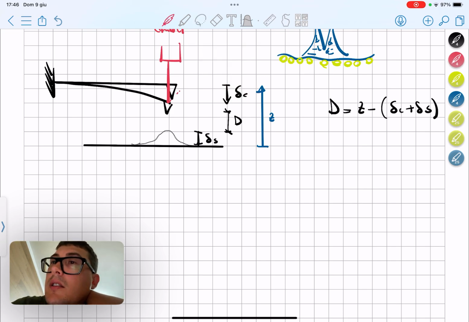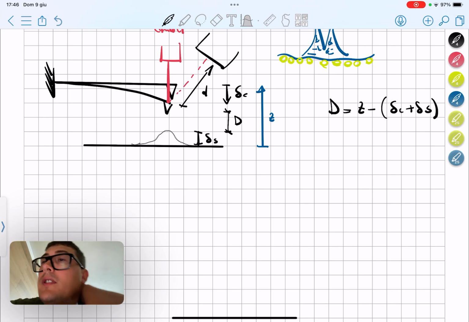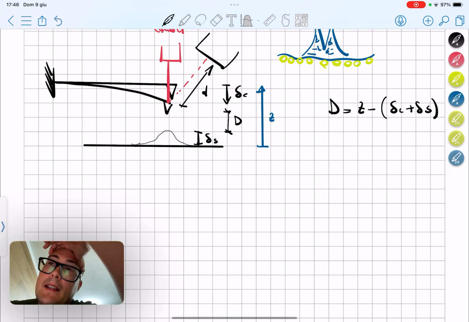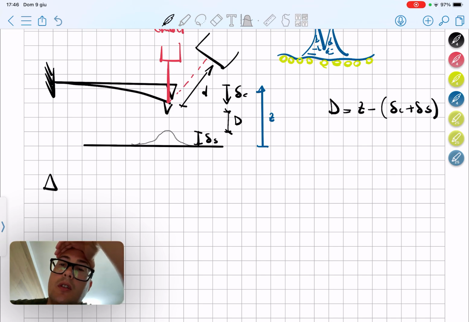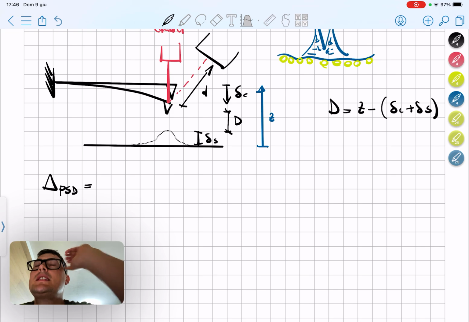Is reflecting, and this goes into a detector which is maybe located at a distance d from the tip, and it's a position sensitive detector. So if we know the delta of the position sensitive detector, what is this equal to?